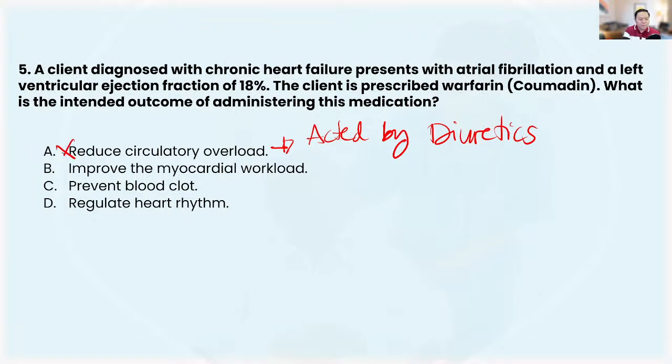What about improve the myocardial workload? What is that? It doesn't do that. The Coumadin doesn't improve the myocardial workload. So what is going to do that? Remember about the inotropes, the cardiac glycosides like digoxin, okay?